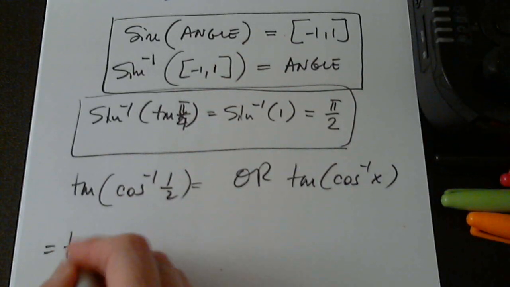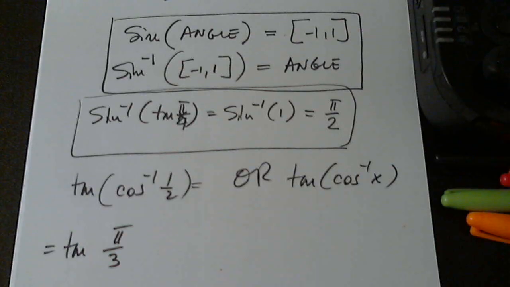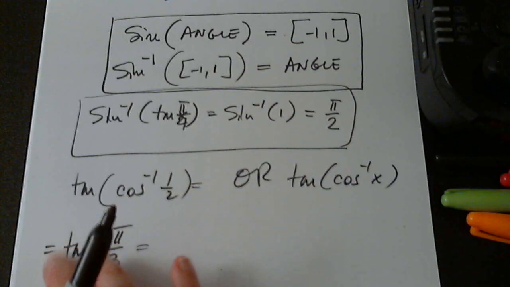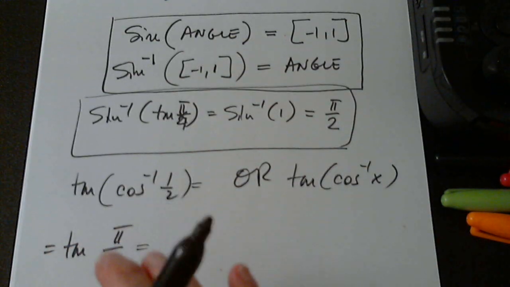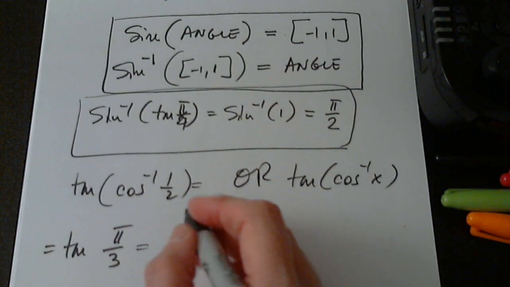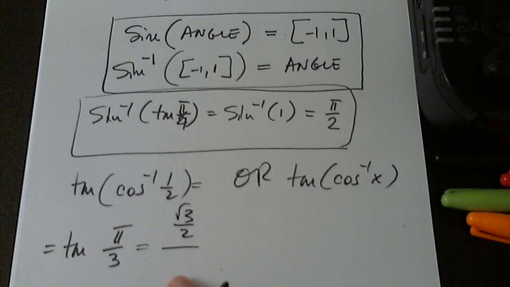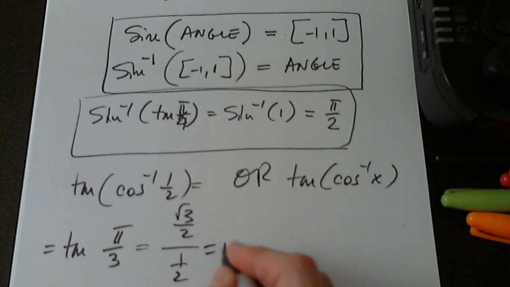So then I have tangent pi over 3. As I mentioned, you don't have to memorize tangent pi over 3, but you have to remember that tangent pi over 3 is sine pi over 3, which is the square root of 3 over 2, over cosine pi over 3, which is 1/2. You divide by flipping, and you get the square root of 3.